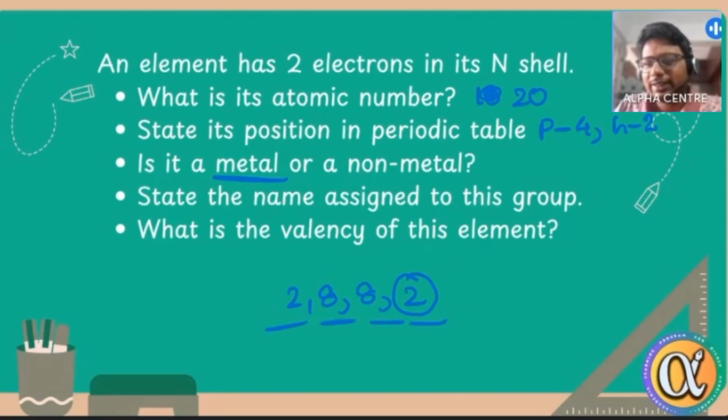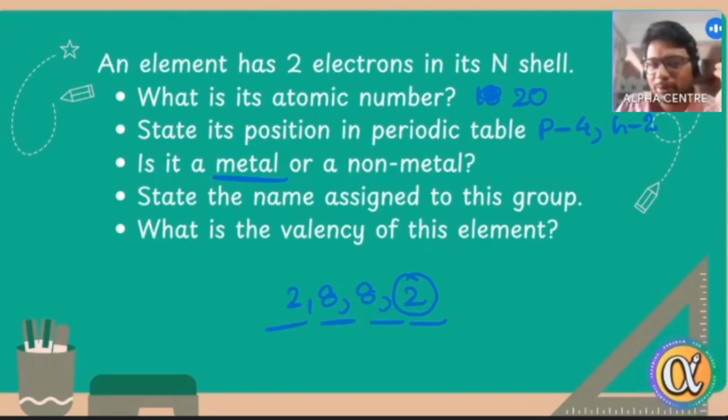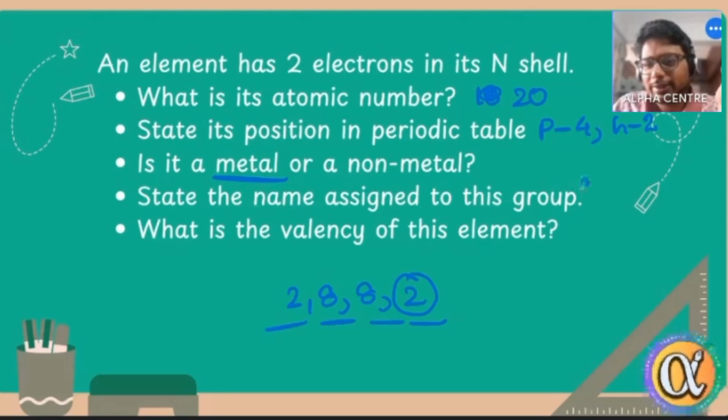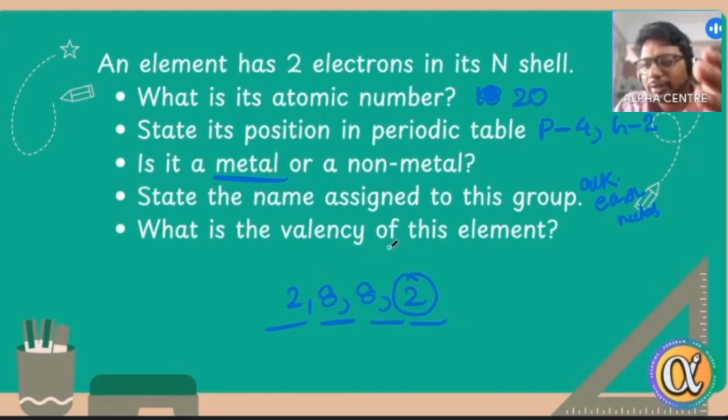And since there are 2 valence electrons, it's group 2. It's a metal. What is the name assigned to the group? Alkaline earth metals. Such follow-up questions also come a lot. Answers are never long in chemistry, but follow-up questions like, what is the valency of this element? 2 plus. Good.